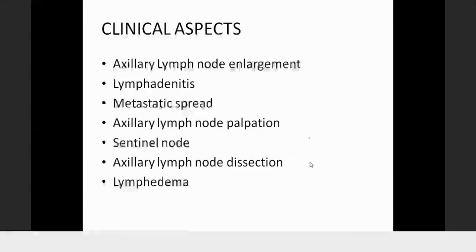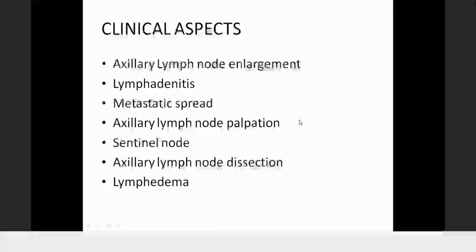The lymphatics which drain the breast become the channels through which the malignant cells of the breast reach these lymph nodes. Through the lymphatics, the malignant cells of the breast reach the lymph nodes, and this is called the metastatic spread.